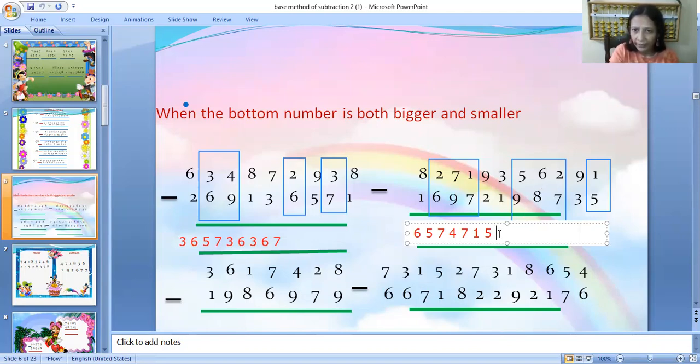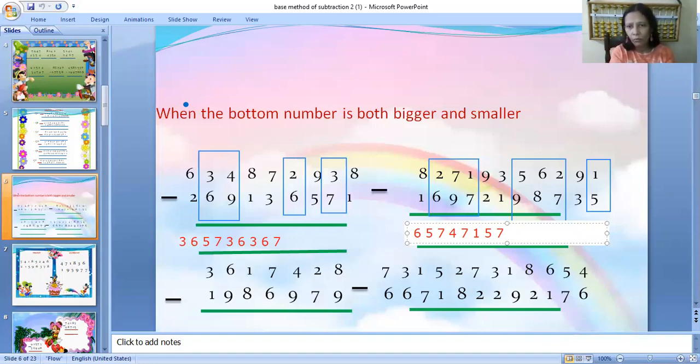Will you write 8 here? No. Why not? Because you look at the next pair. In the next pair you have to do the borrowing. So in your mind you have to think what comes before 8. 7 comes before 8. So you will write 7 here.